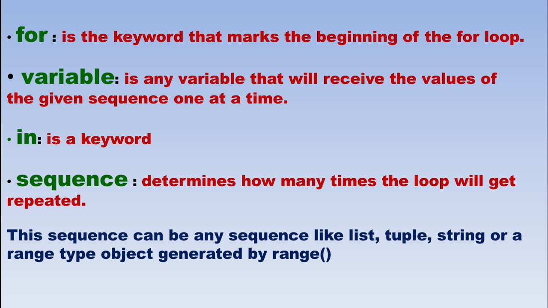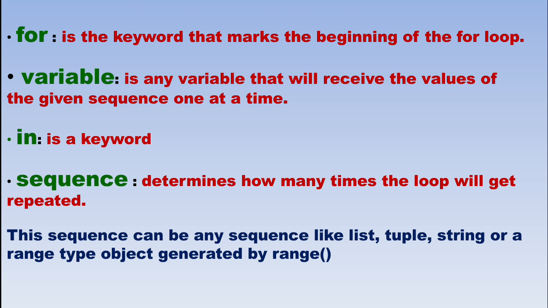For is a keyword that marks the beginning of the for loop. Children, for is basically a compound statement, just like you had the if and else statements. What is a compound statement? A compound statement has two parts, header and body.